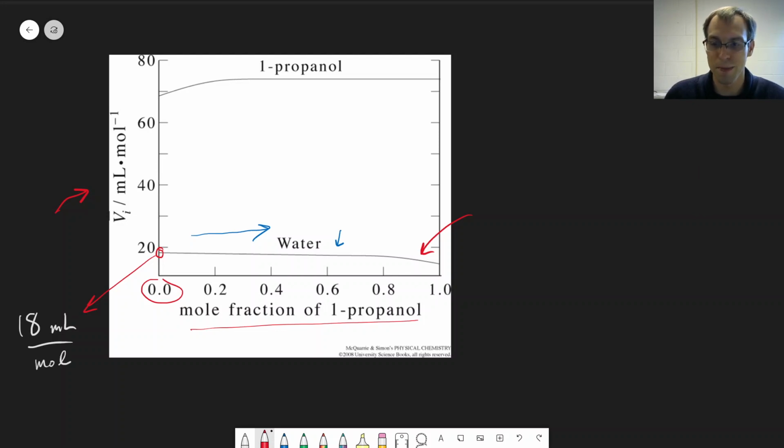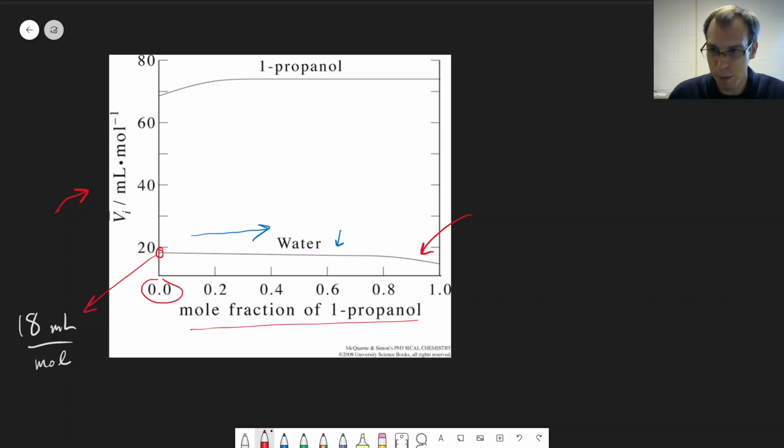So when there is more of the 1-propanol, the water behaves less like just water. Its intermolecular forces get broken up because there's a lot more 1-propanol molecules than there are water molecules. And so the partial molar volume of water changes and becomes less. The molar volume of the water changes as there's less of it around.